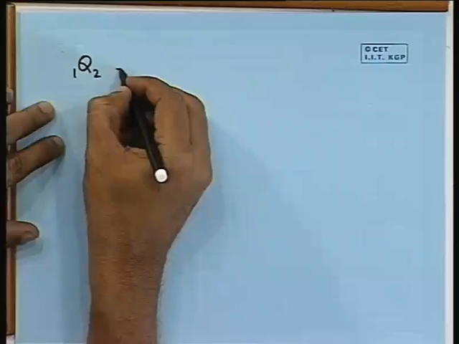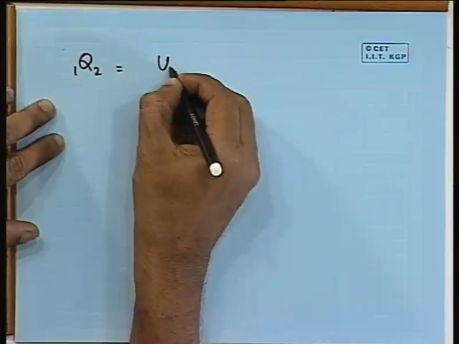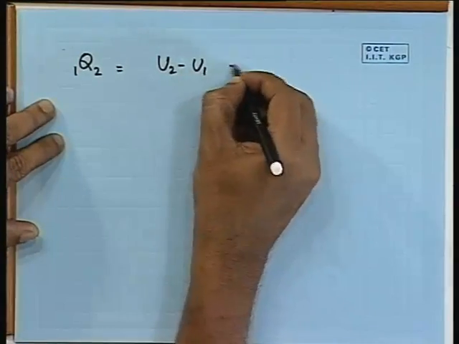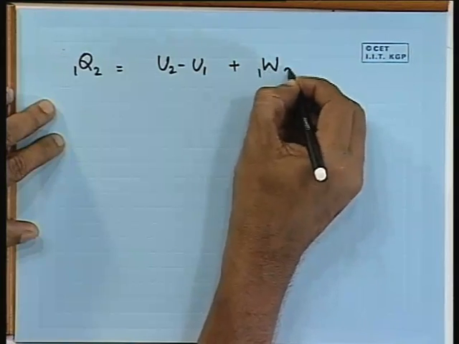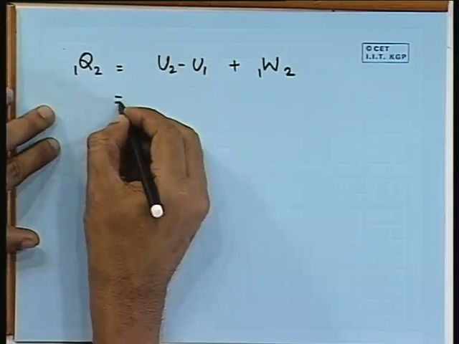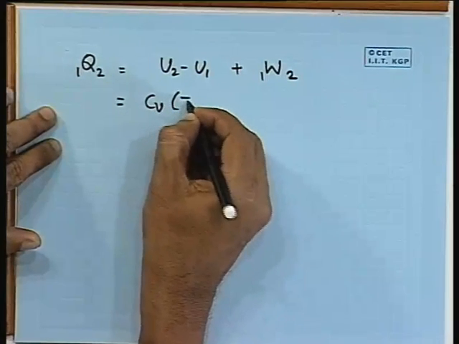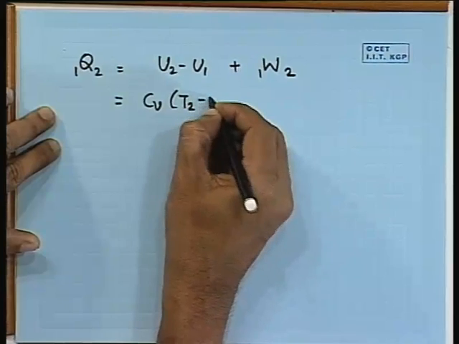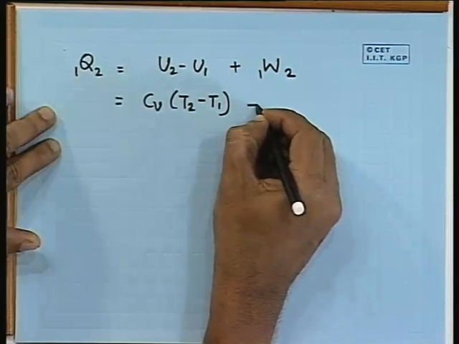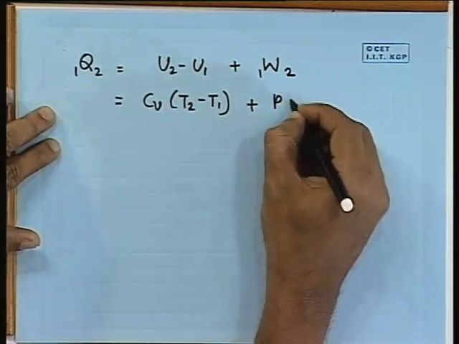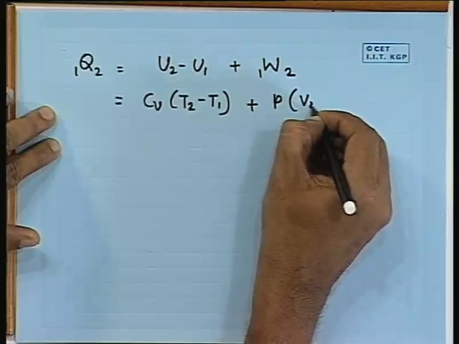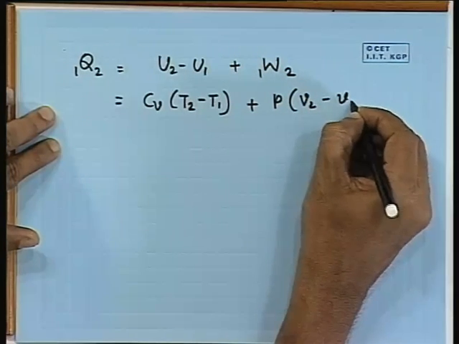What is the heat transfer? Q1 to 2 is equal to U2 minus U1 plus W1 to 2, and this is equal to Cv (T2 minus T1) plus P (V2 minus V1).